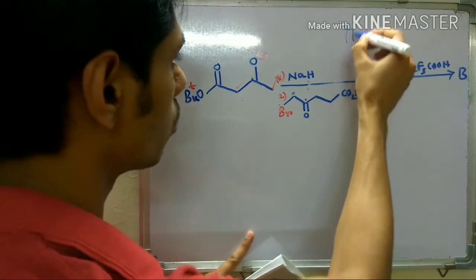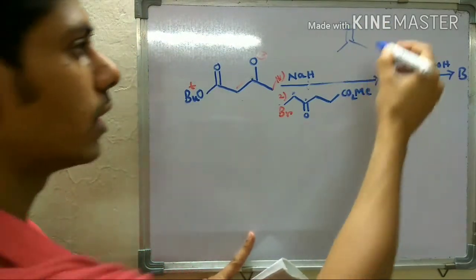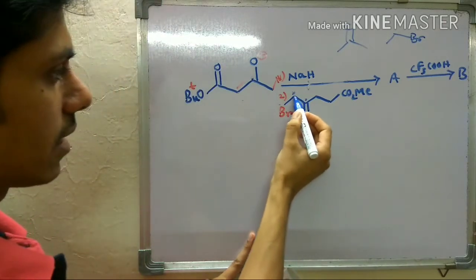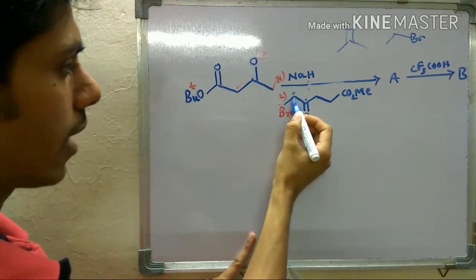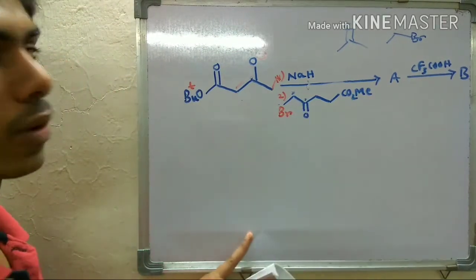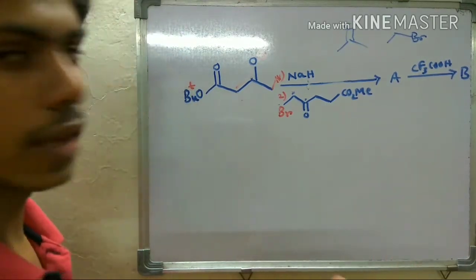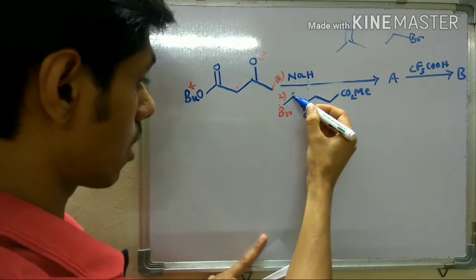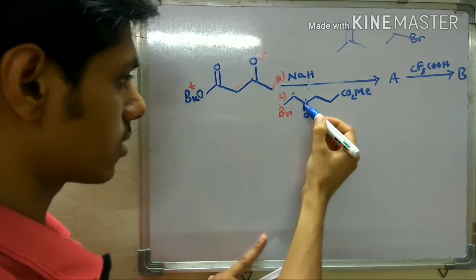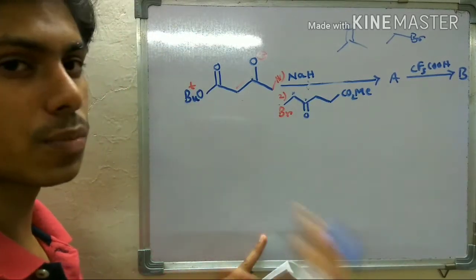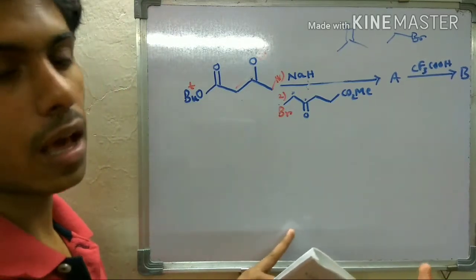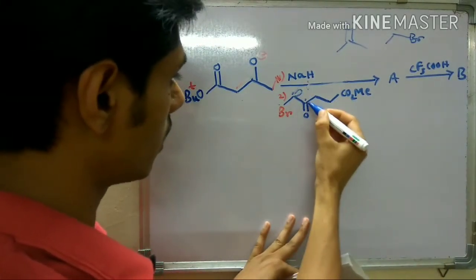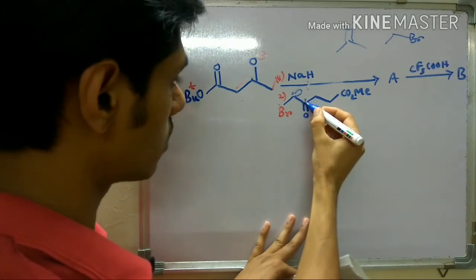Generally the carbonyl groups are much more electrophilic than a normal alkyl halide, but in this case this halide is alpha to this carbonyl group, and when I discussed the Felkin model in that video, I told you that these alpha halogens adjacent to a carbonyl group are much more electrophilic than normal alkyl halides, because the sigma star orbital interacts with the pi star orbital of this carbonyl group.